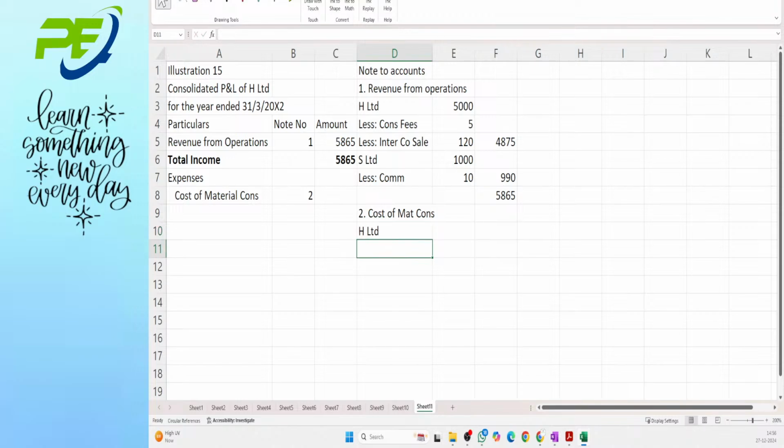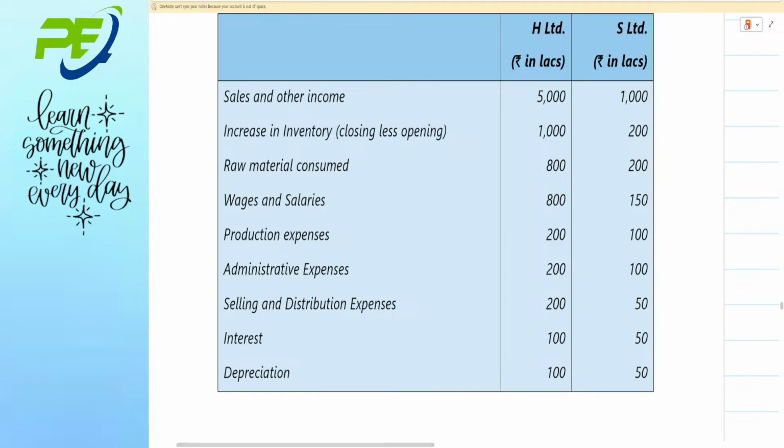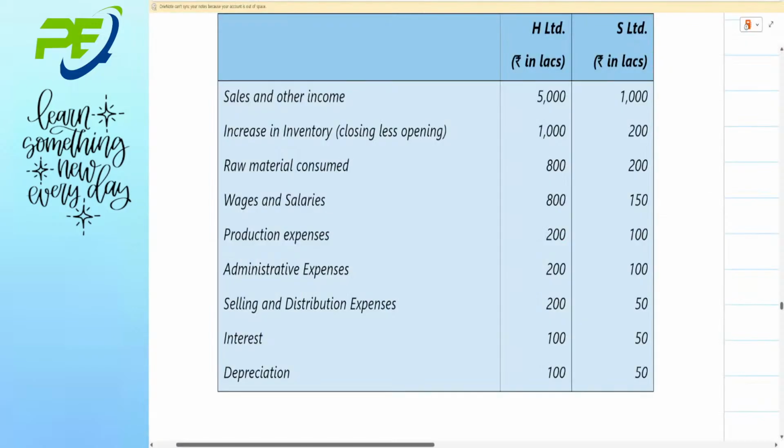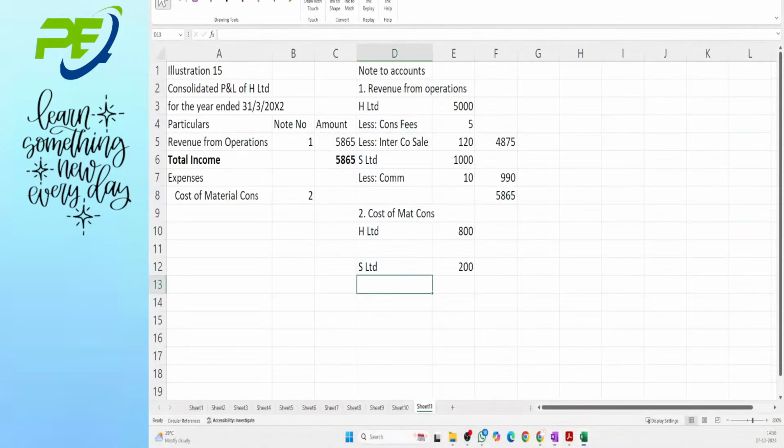So cost of material consumed. First, H Limited, 800 and S Limited, 200. Now, should we subtract intercompany owings or not? There is no purchase of stock in trade. So purchases will subtract here itself.